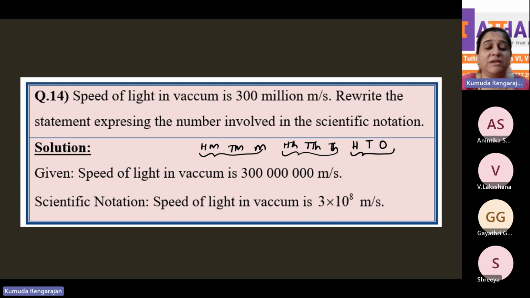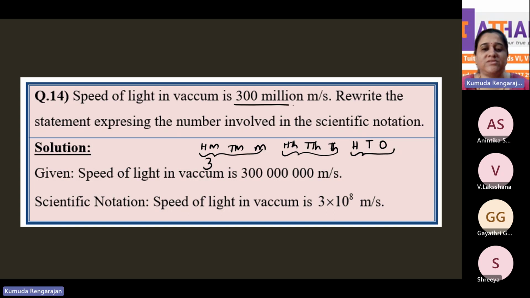So 300 million. Under 100 million, you must write 3. So 100 million, how much? 3. So under 100 million, you must write the digit 3. Under every place value, you can write only 1 digit. You cannot write 2 digits under 1 place value.